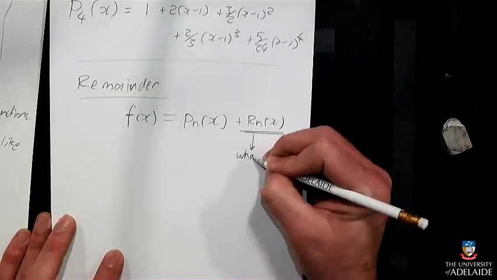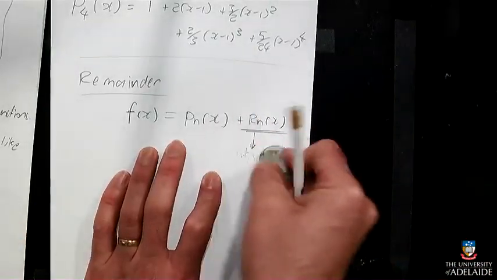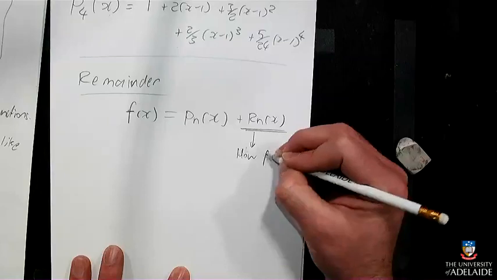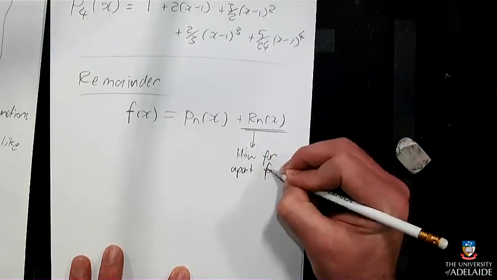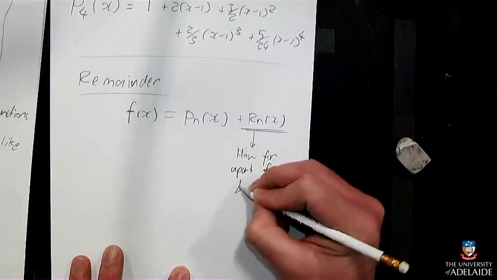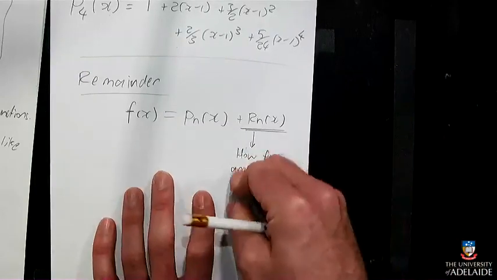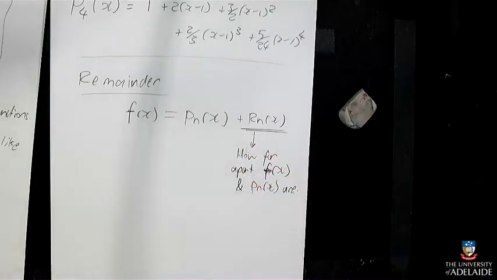So this bit here is how far apart f of x and Pn of x are. That's an and symbol, by the way. Okay.